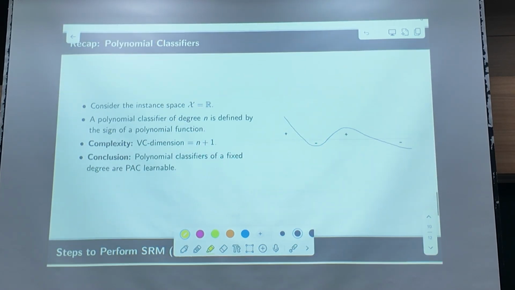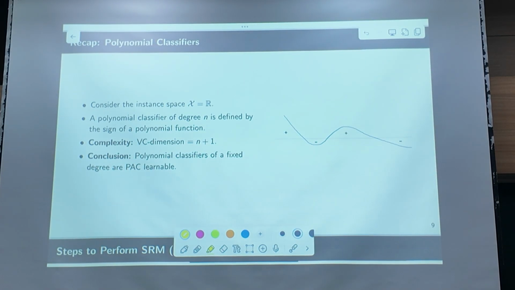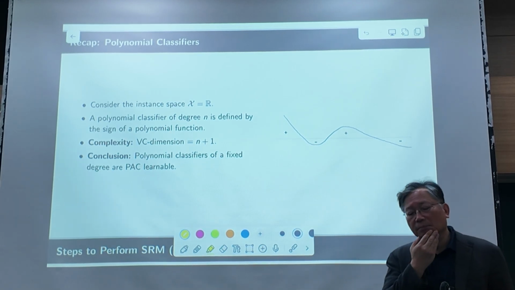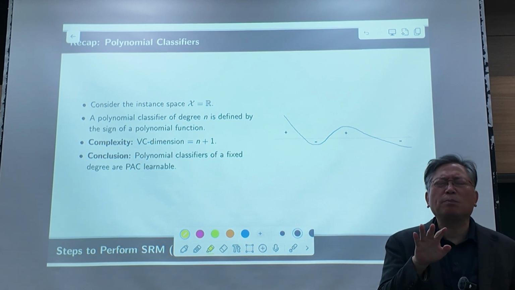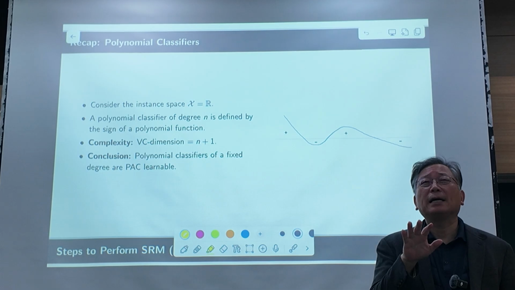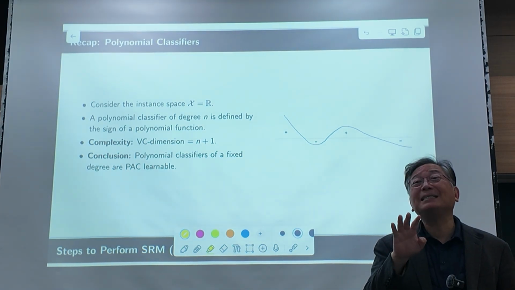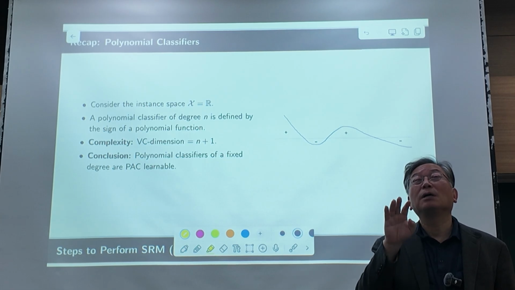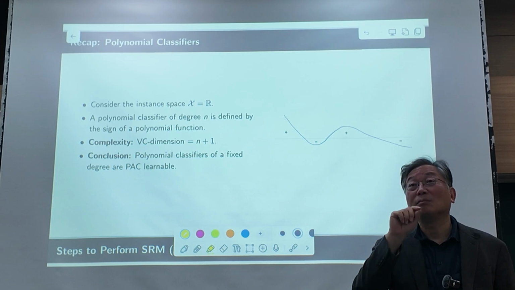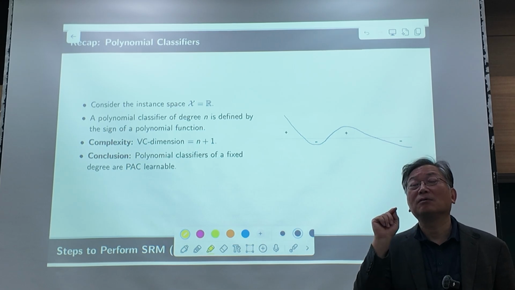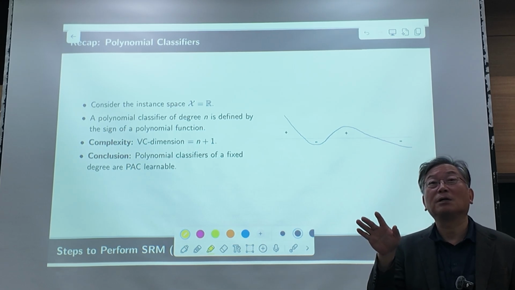Obviously, if you have n plus 1 data, you have an nth order polynomial that can go through n plus 1 data, exactly, because you have n plus 1 parameters for an nth order polynomial.